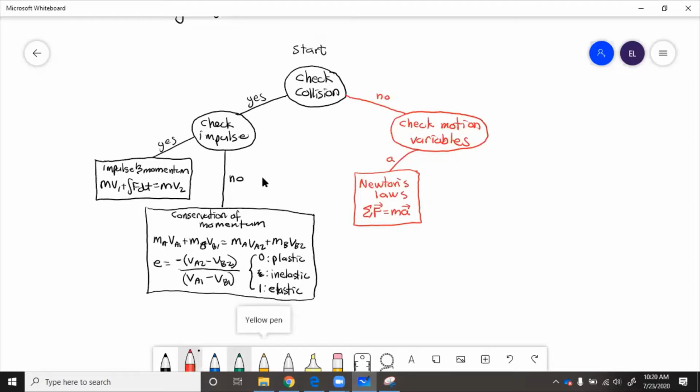So then if it's not acceleration, let's say it is position or velocity, then we have to check if there's external forces.